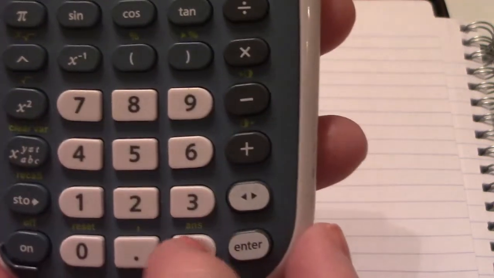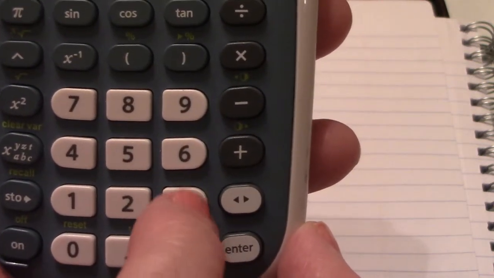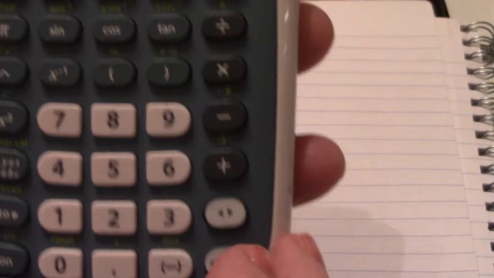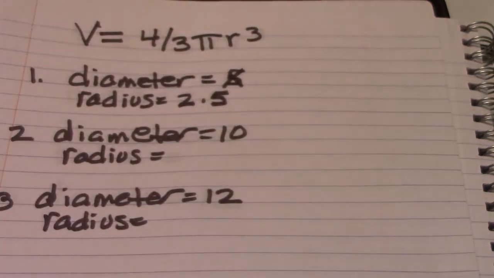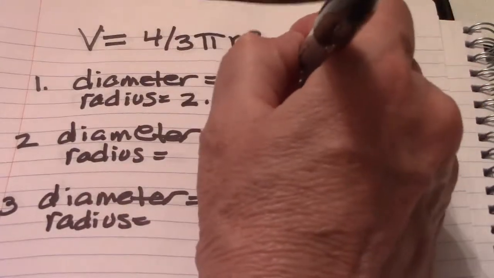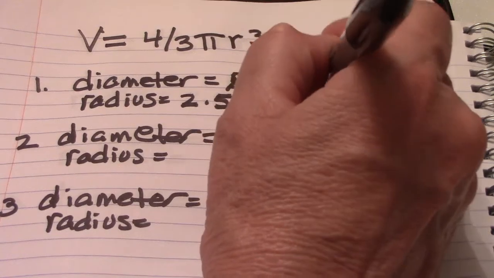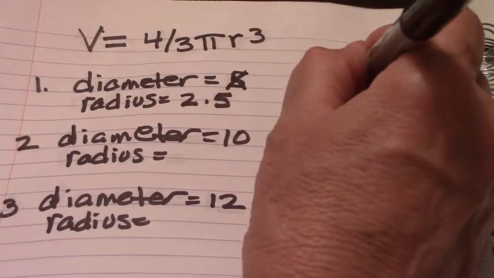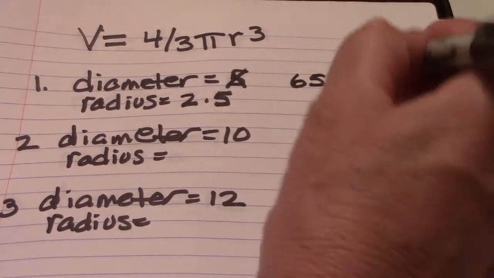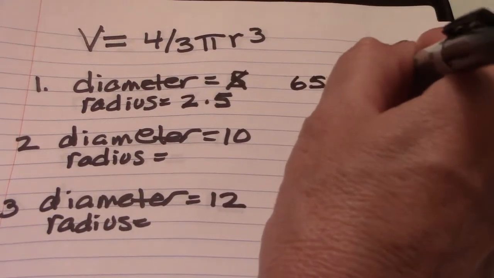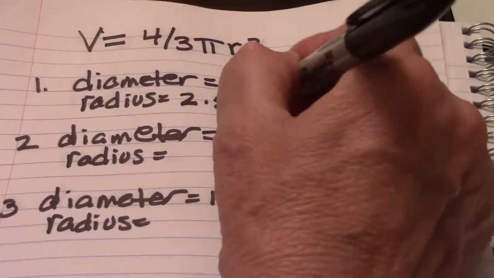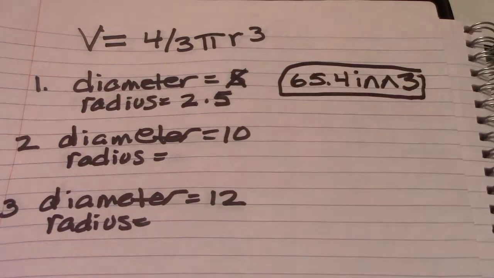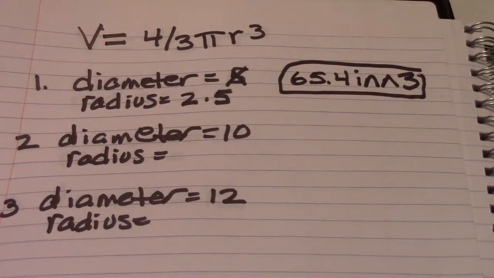So up caret, and my exponent is cubed, so it's 3. I hit enter, and I get the answer 5.4. And don't forget your label, which is inches cubed, or IN up caret 3. That is how you would input your answer into Google Forms.